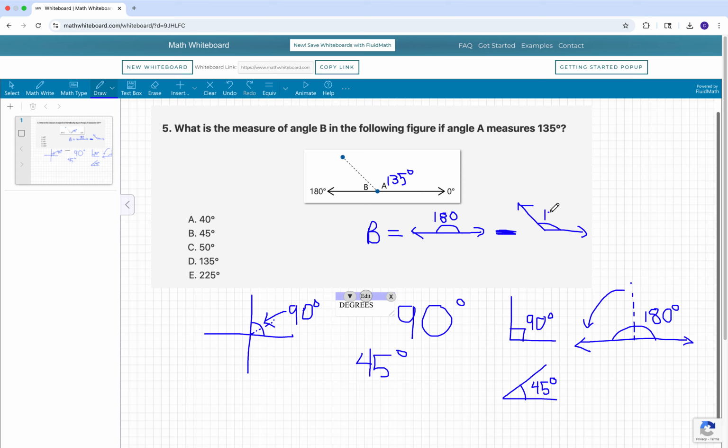This is 135. So if I take this and subtract 135, do the math, you get 45.